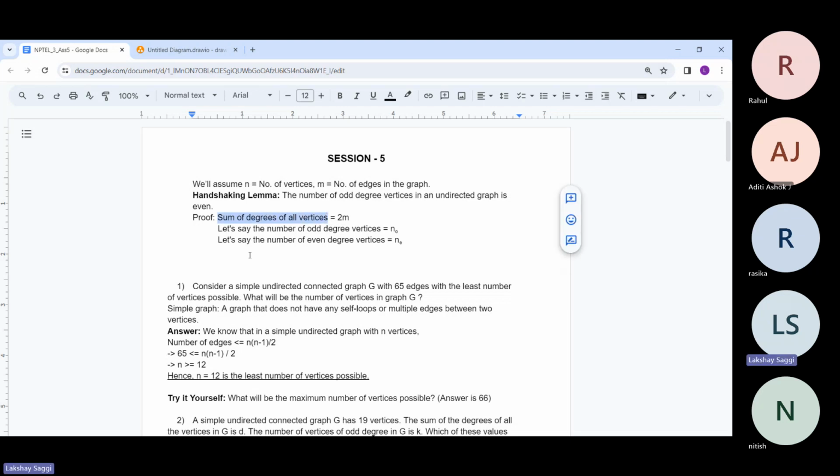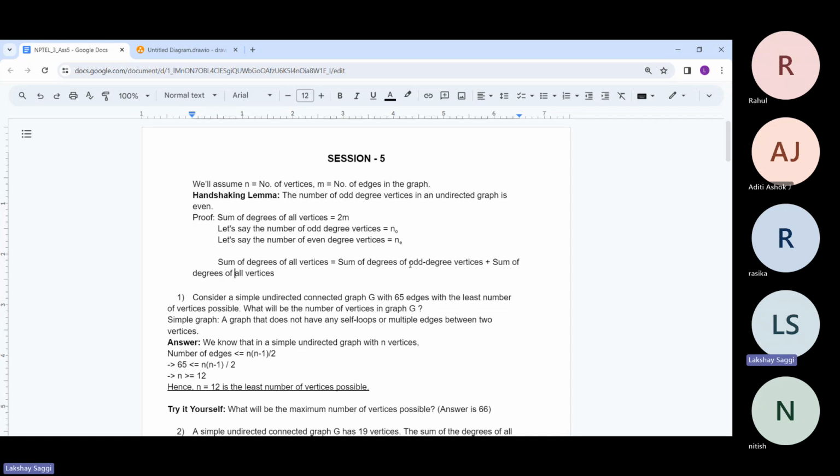I'll write this down as the sum of degrees of odd degree vertices plus the sum of degrees of even degree vertices. We know that the sum of degrees of all vertices is even, right?